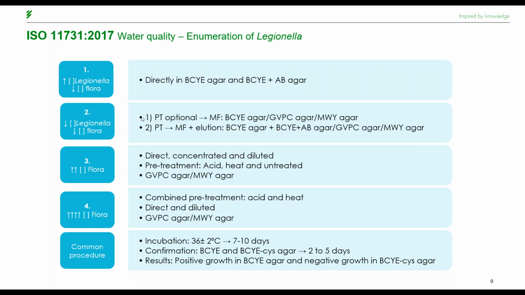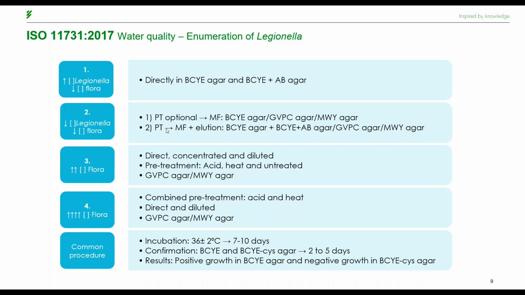The first, by membrane filtration with an untreated sample, directly placing it on a BCYE agar, or the second option, okay, here it is, also by membrane filtration followed by an elution to concentrate it, and you have to divide this into 3 portions and apply a pretreatment. Here it's optional and here it is mandatory.